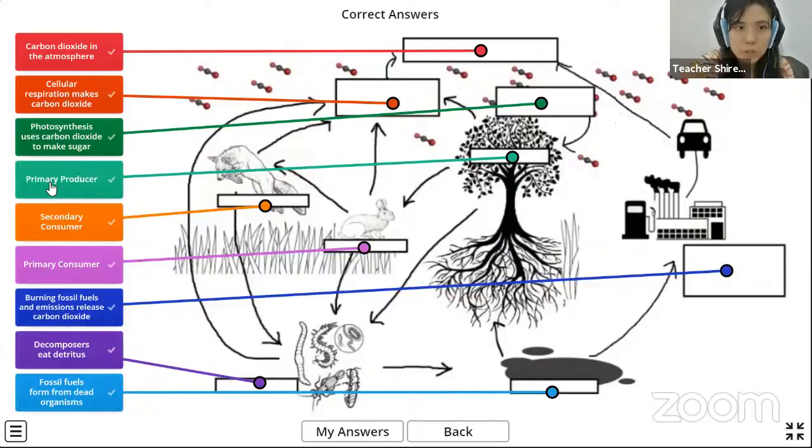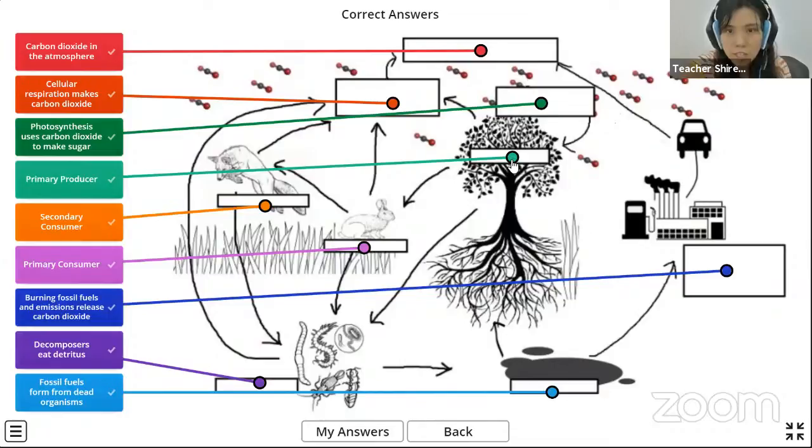So plant is a primary producer. After it produces, it goes through photosynthesis and takes in carbon dioxide. That's where the carbon dioxide in the atmosphere comes from.